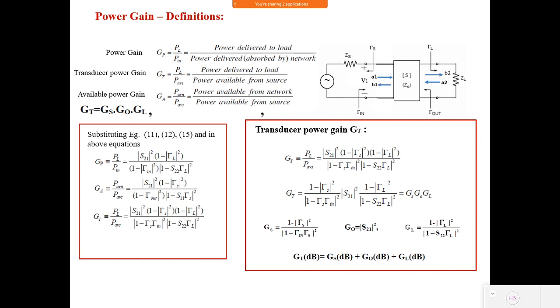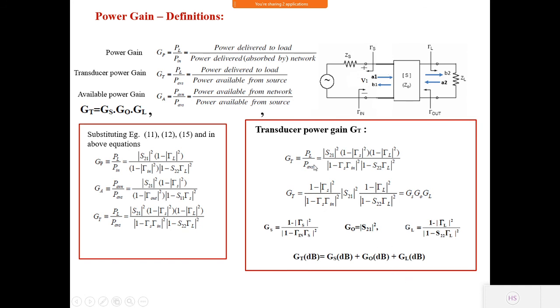Similarly, here in RF and microwave, the gain depends on all these parameters: ZL, ZS, S21, and also S22. All these parameters decide the value of GT. Then how to choose, how to design?